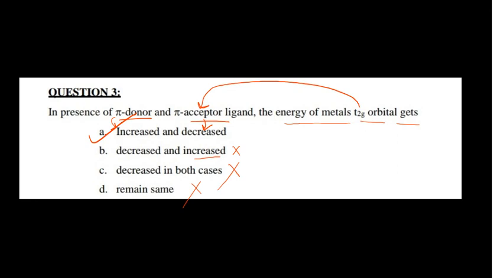So even if you don't know about the pi donor, definitely for the pi acceptor you have the idea that when pi acceptance occurs through the metal T2g orbital, the metal's T2g orbital energy gets lowered. In that manner you can answer this question. But again, it's a very important question. Now moving to the next problem.